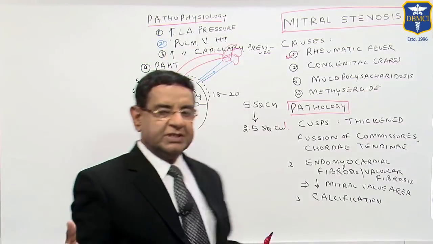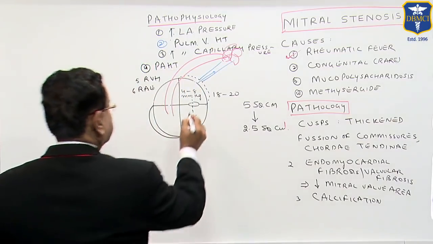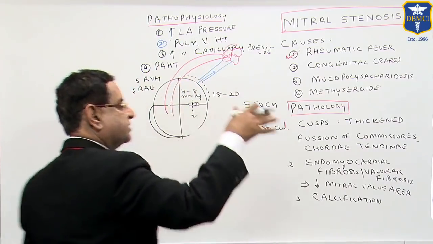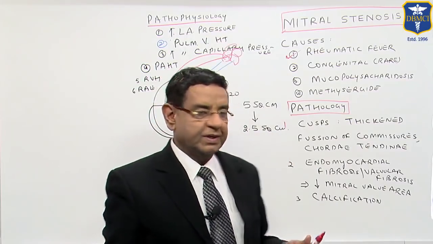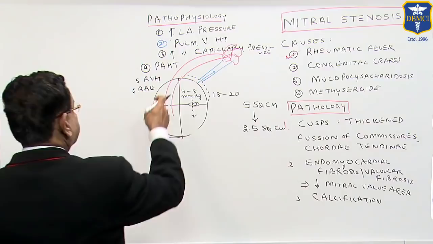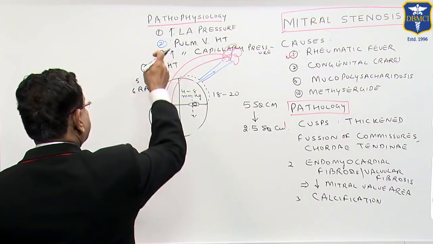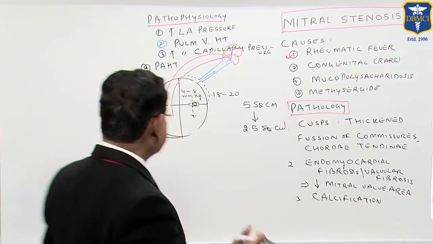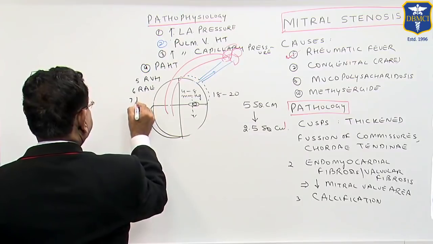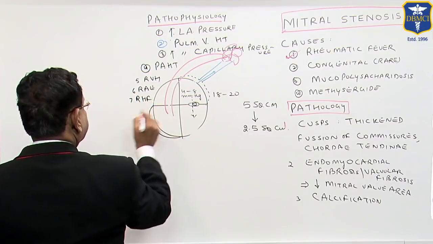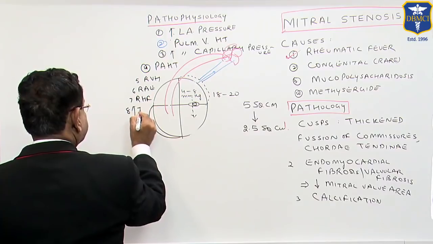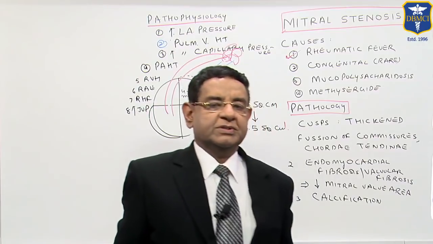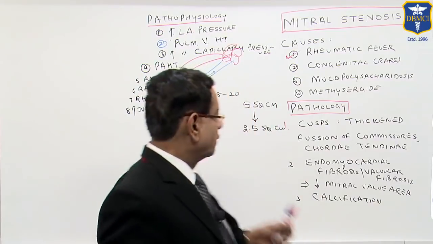So in a nutshell, the area is reduced here, and you can see all back pressures are there, right? And as the right atrium enlarges, right atrial pressure will increase, that leads to increased JVP, or right heart failure. Ultimately it leads to right heart failure, raised JVP. All these are due to back pressure features. Is it clear to you?